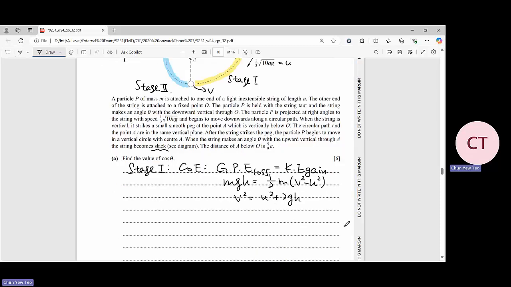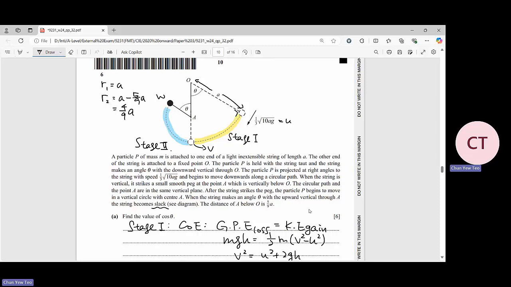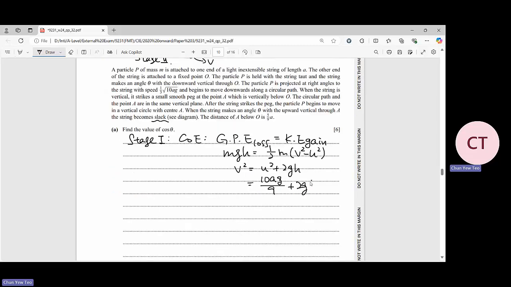Okay, the speed at a different stage. So my u square is 1 over 3 times 10ag over 9, plus 2g times the height over here, which is a minus a cos theta. So if you simplify it, you will get 28 over 9 ag minus 2ag cos theta. That is our v square.